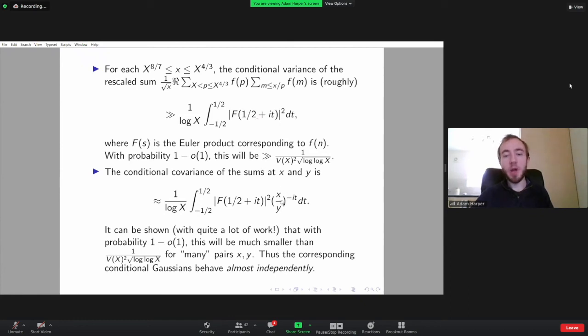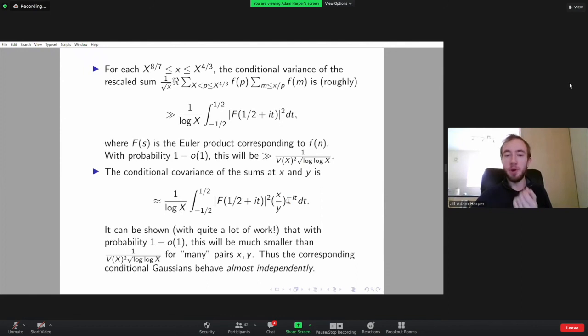But if x is away from y, then x over y is something that's not 1, and this will rotate as little t varies over this interval, so you might hope to get some cancellation from this factor (x over y) to the minus i t. What we want is for the conditional covariances to usually be appreciably smaller than this lower bound we have for the conditional variances.